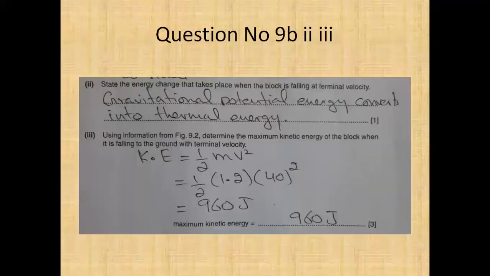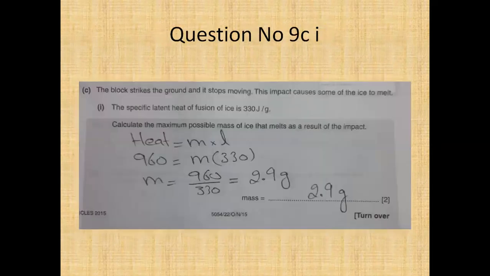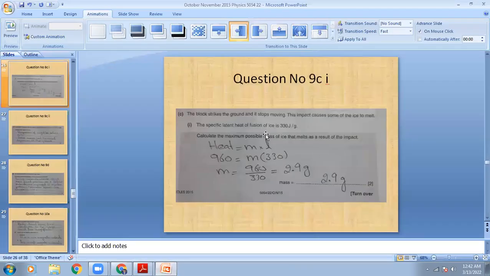So we know the value of the heat, we know the value of L, the latent heat, and we can find out the m value. So heat equals mL, 960 joules, and L is 330 joules per gram. So m will be 960 divided by 330, and the answer will be 2.9 grams. 2.9 gram of the ice will be melted.